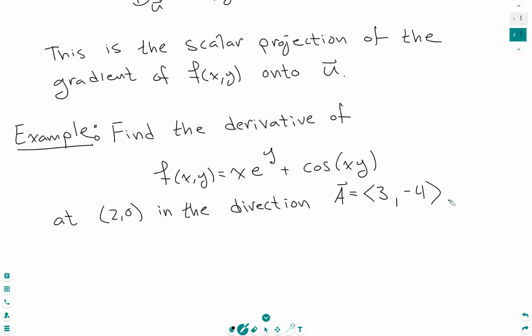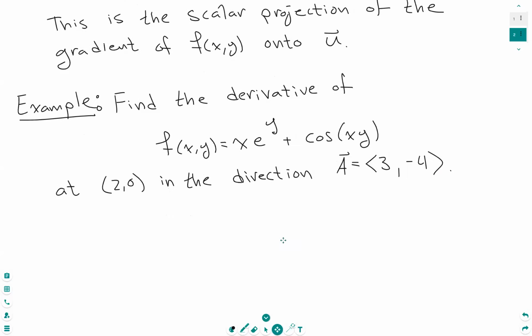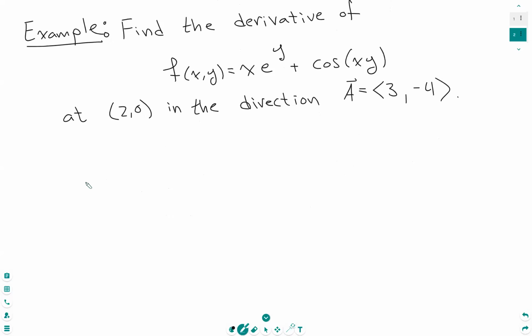Like I said last time, first thing that we should check is, is the direction vector a unit vector? It's really easy to see that this is not a unit vector. So we have to turn a into a unit vector. So first, we normalize a.